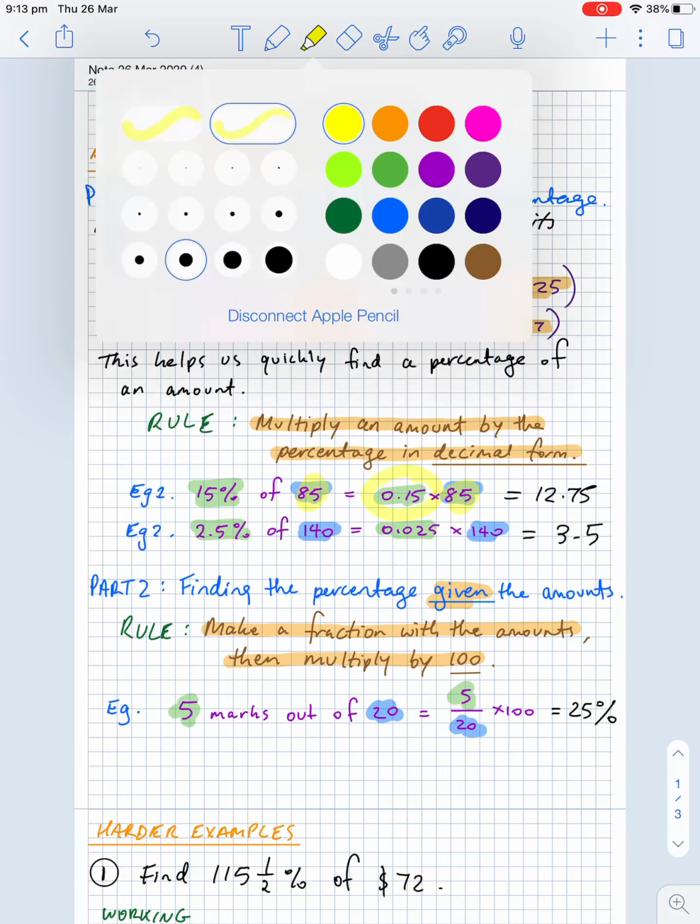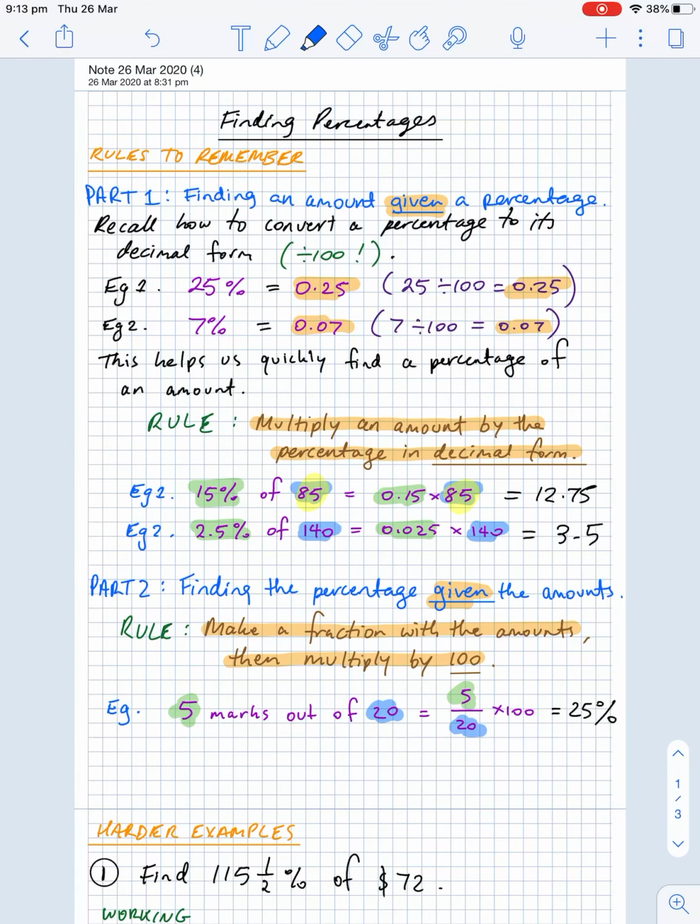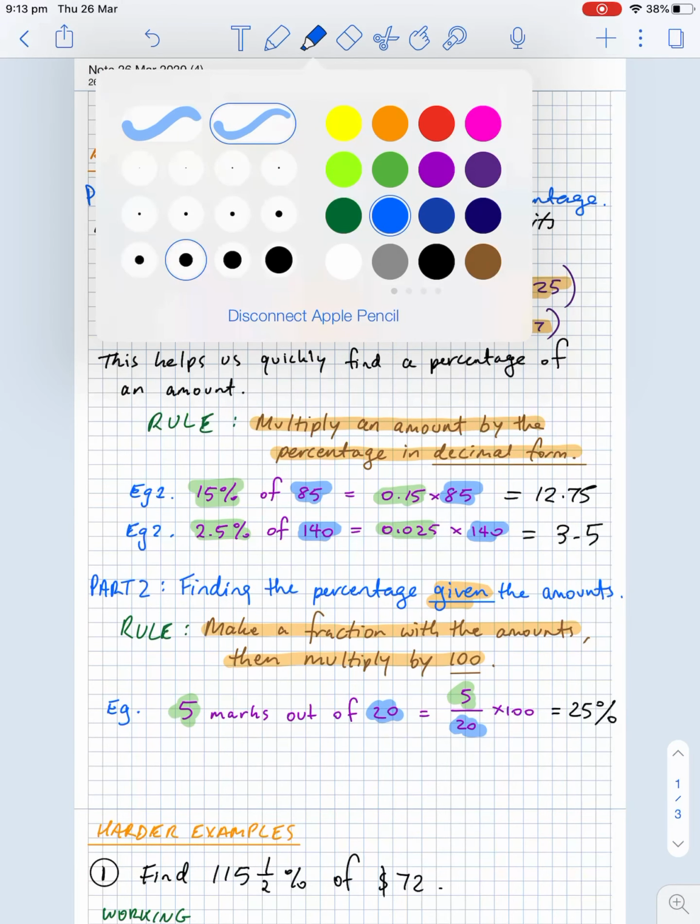So this is 0.15, and when we do that, we end up with 12.75 in our calculator. Sorry guys, I'm just trying to find a decent color highlighter.